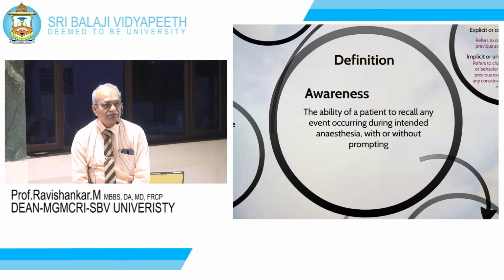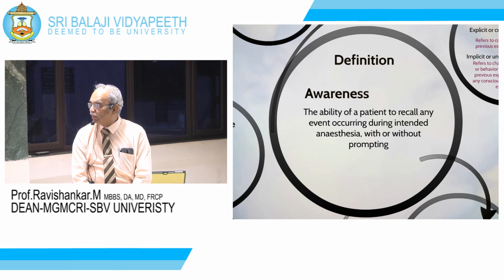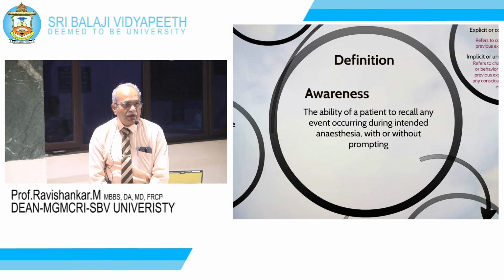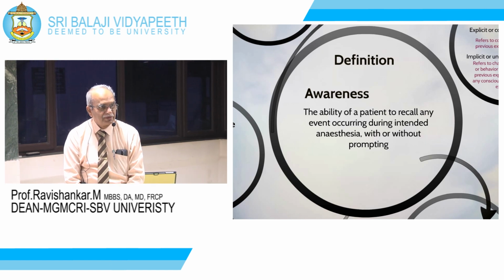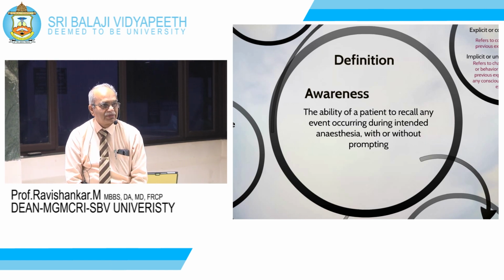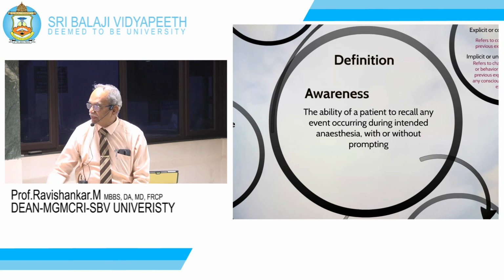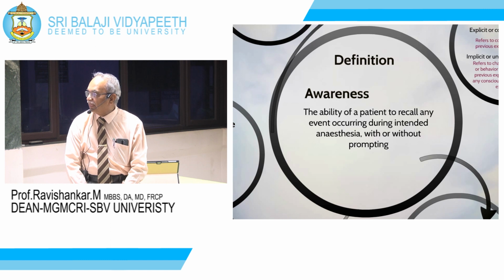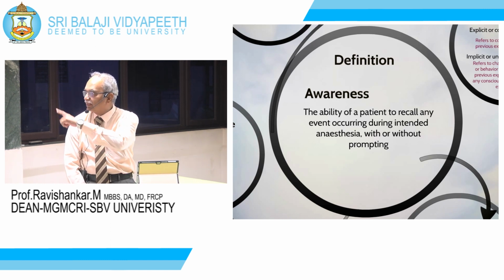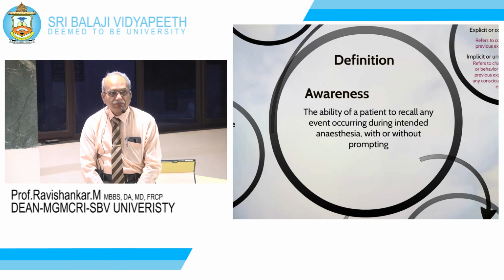What is the definition of awareness? Are you aware of what's happening now? Or how do you define what is awareness? So, the ability of a patient to recall any event occurring during the intended anesthesia, with or without prompting.